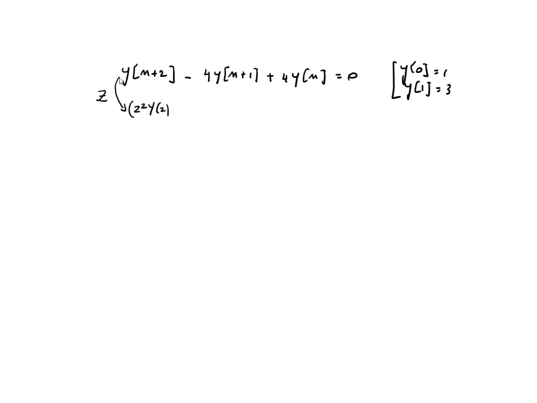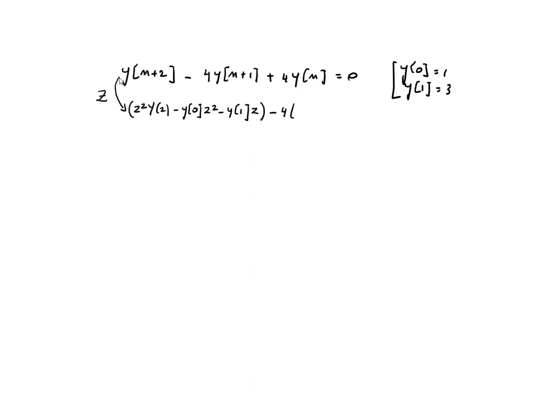We're shifting to the left by 2, so y[0] will disappear, so we'll have a minus y[0]. It will appear at index minus 2, so we'll have z to the power minus minus 2, so z squared. y[1] will also disappear from the z transform. It will appear at minus 1, so we'll have z to the power minus minus 1, so z.